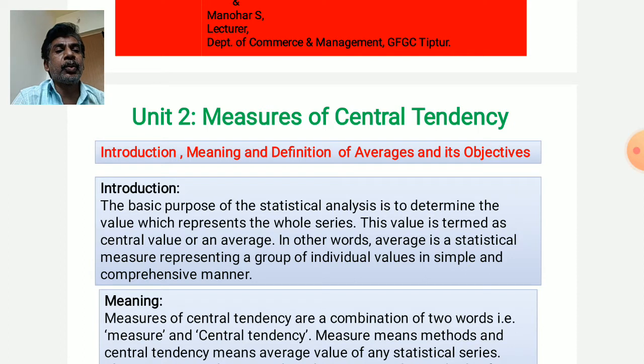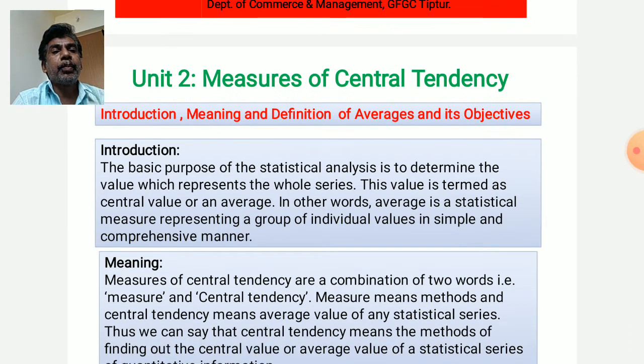This value is termed as the central value or an average. In other words, an average is a statistical measure which represents a group of individual values in a simple and comprehensive manner.